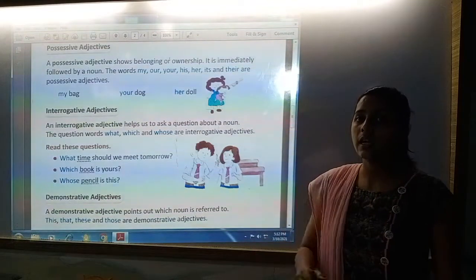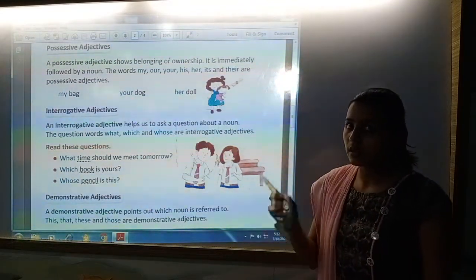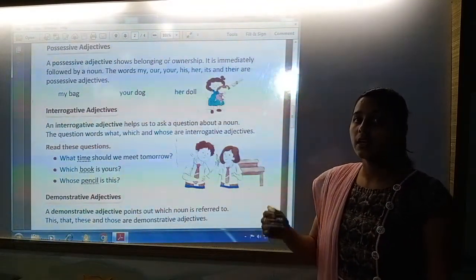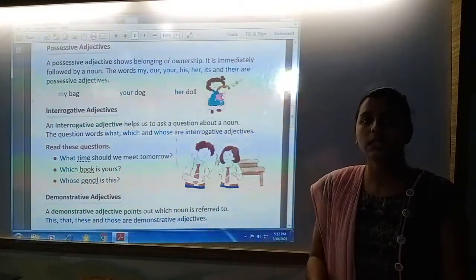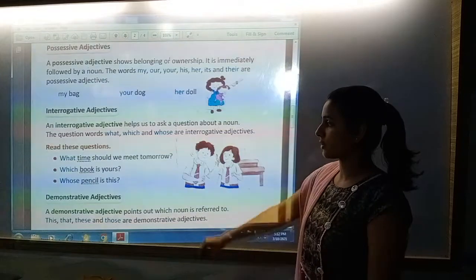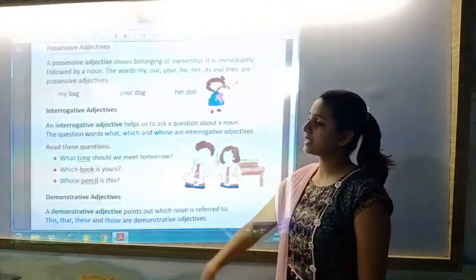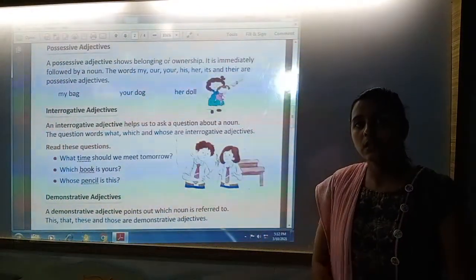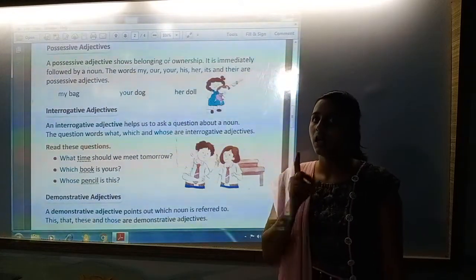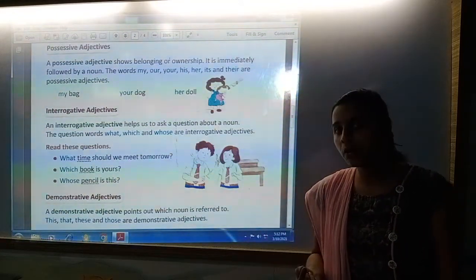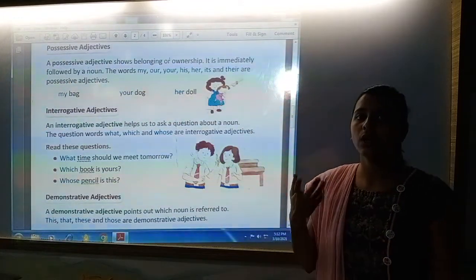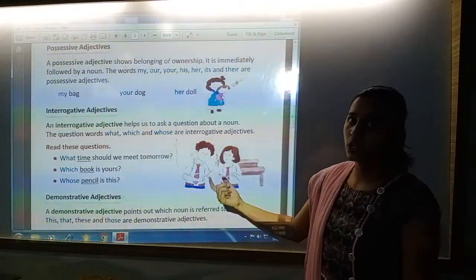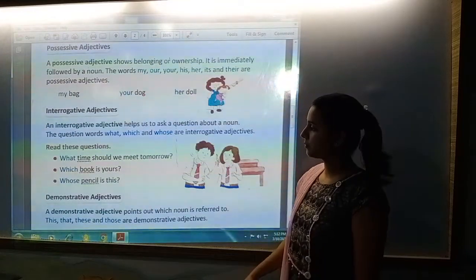So which is asked for the book. Whose pencil is this? This question is asked for the pencil. Pencil is noun and for pencil the question which is asked, whose, is the interrogative adjective.